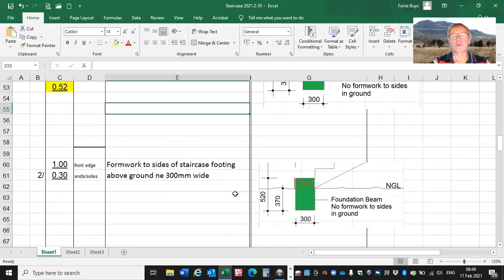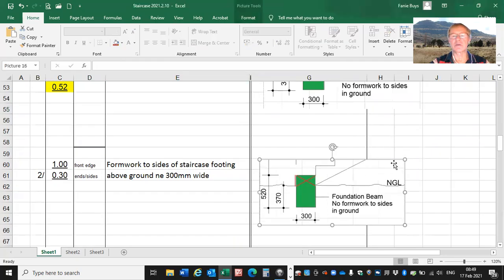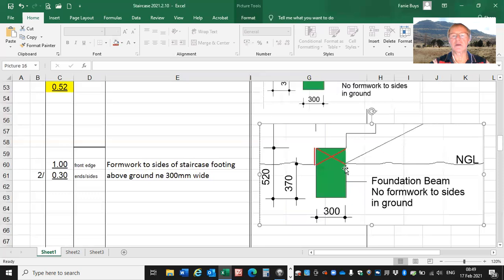Then we also need to measure formwork, because it says there's no formwork to the sides in the ground. So there we do not need formwork, but obviously for that part there, we will need formwork as well as the ends of this foundation. So the description there, formwork to sides of staircase footing above ground, not exceeding 300 millimeter wide.